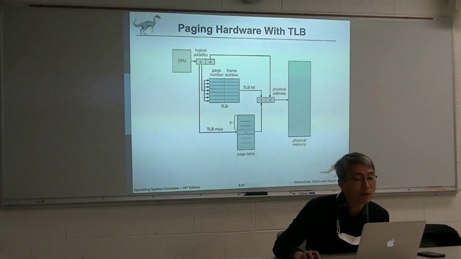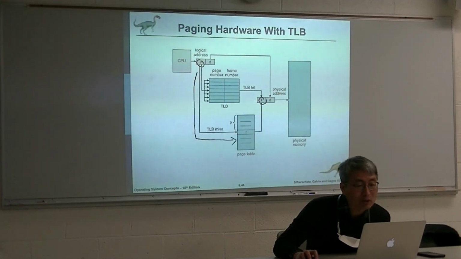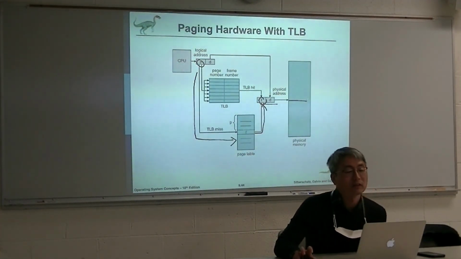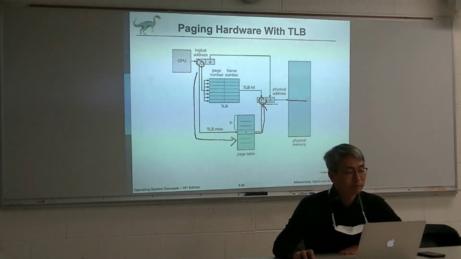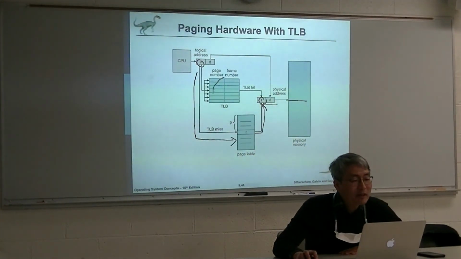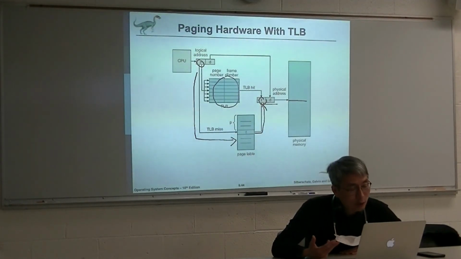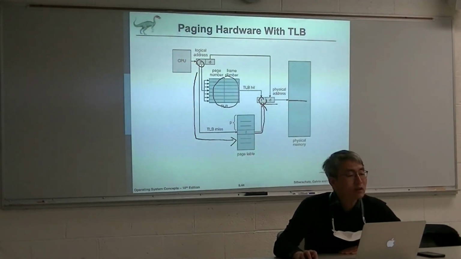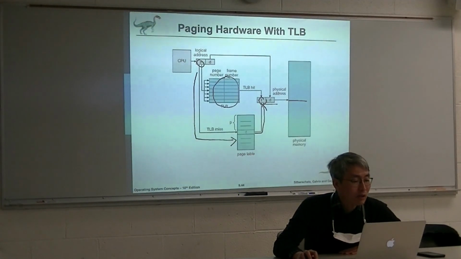So if you have the page number P, our goal is to find the F. So what we did before is we always go to the page table, then the F is read and put over here, then calculate, and finally find the location. Instead, this frame number is in the cache. It can be in the page cache or the F cache, depending on the computer architecture. So it's in the cache.